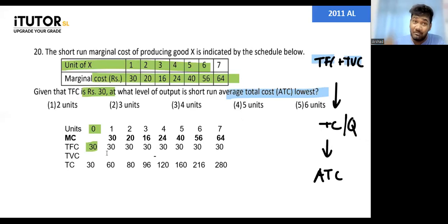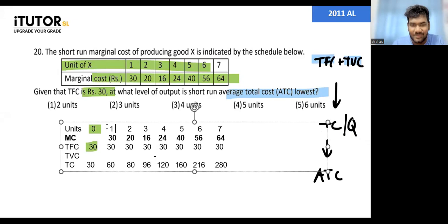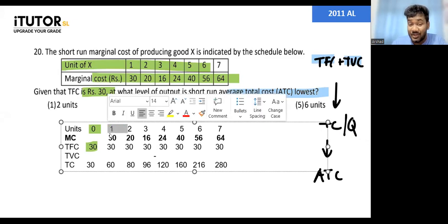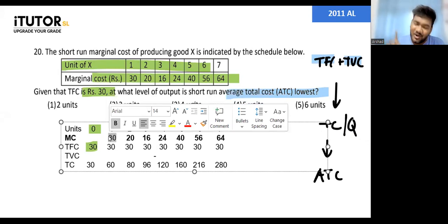Now let's say my first student comes to class. The question is saying the additional cost, the marginal cost of that student coming to class is 30 rupees. So how much is my total cost? Think. I had to already pay for my Zoom and everything, 30 rupees.